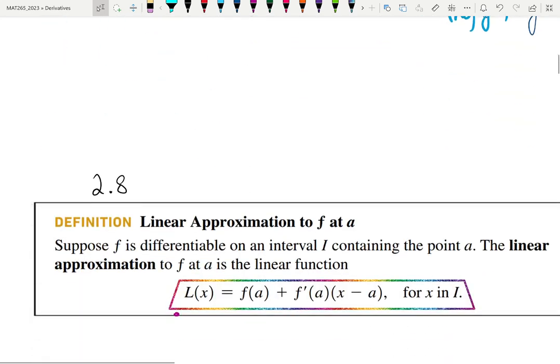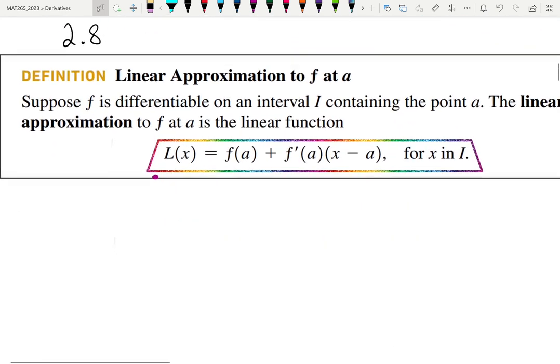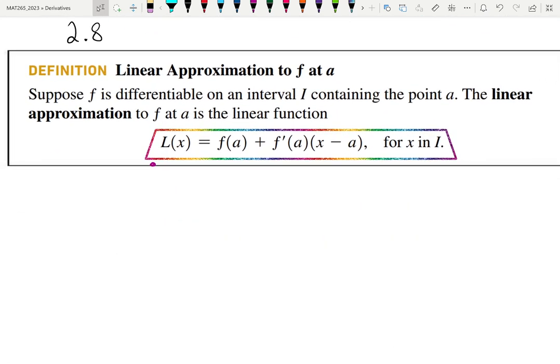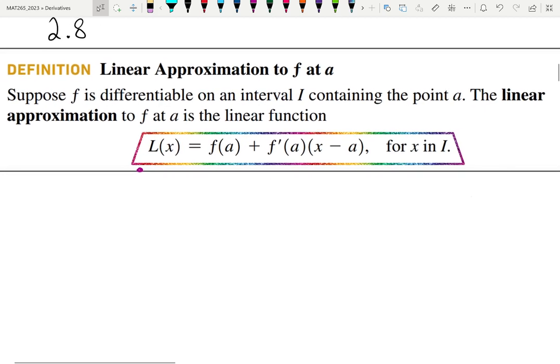So let's write it down. Here you go. Here's your formula, write it down. 2.8, the theme is linear approximation and differentials. Linear approximation of a function f at a. So we're trying to approximate using a line. That's why it's called linear approximation.